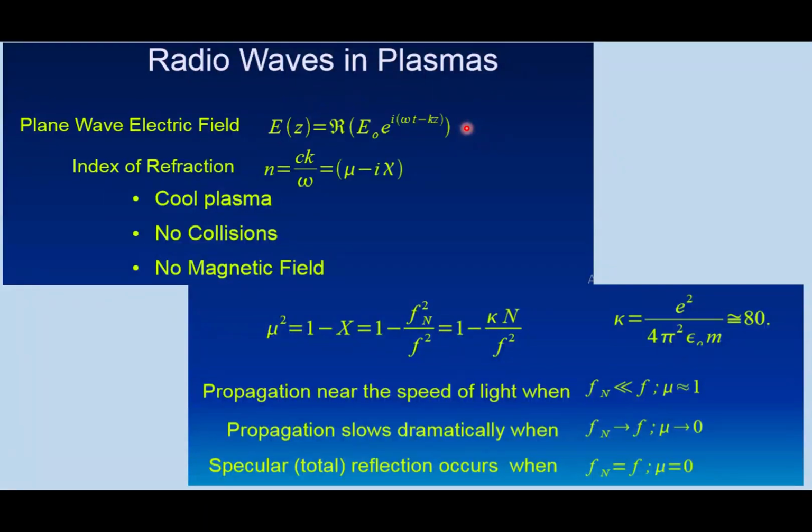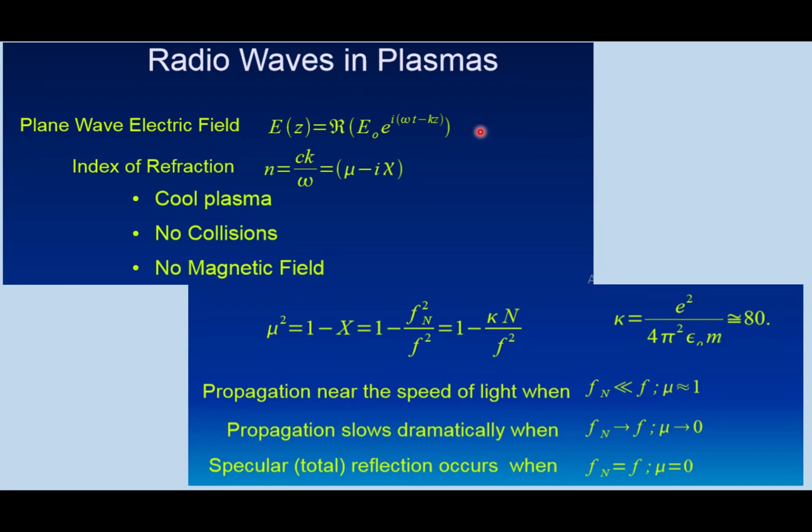Now, one type of electromagnetic wave is the plane wave, in which the electric and magnetic fields are confined to a particular plane perpendicular to the direction of propagation. So in that plane, the value of the electric field E can be written as a function of z, the distance along the direction of propagation.